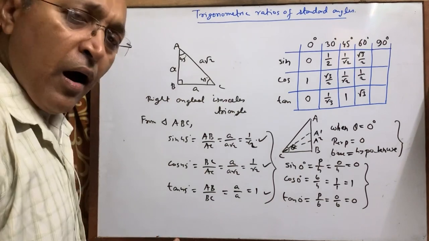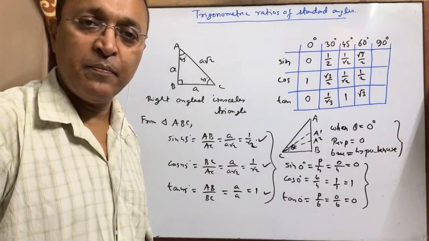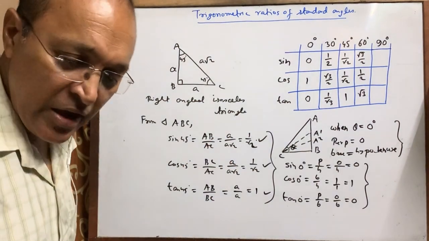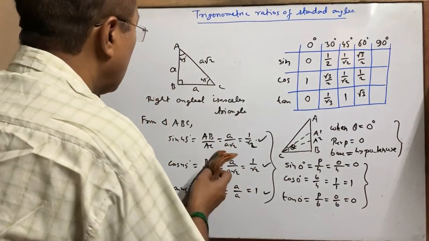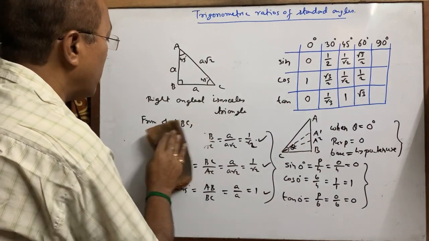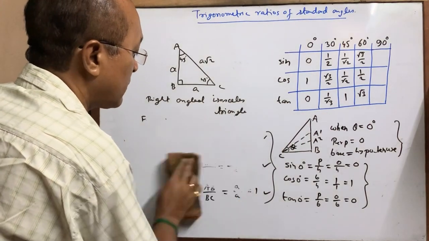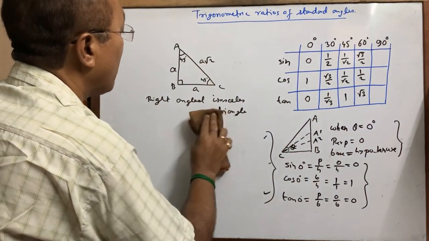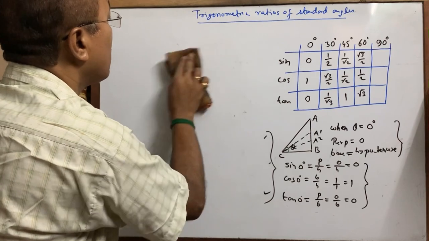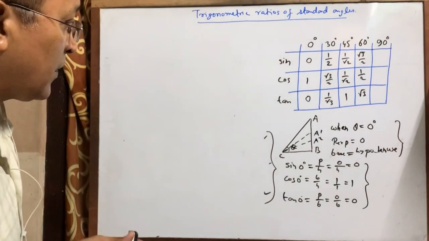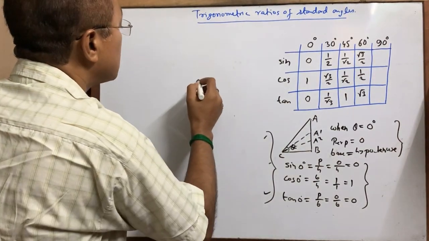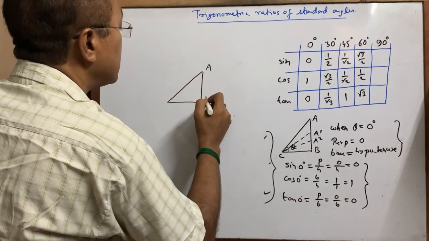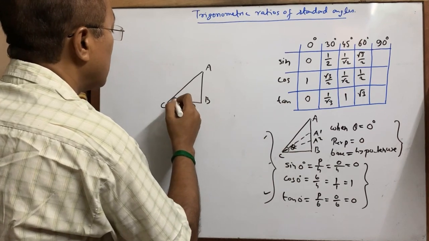Now how to find 90 degrees? In the same way, if I draw another triangle, this one is ABC, this one is theta.